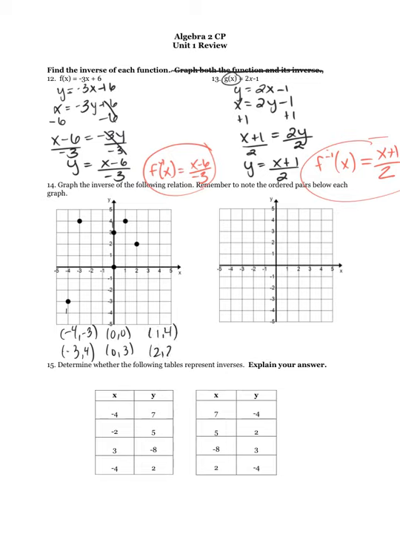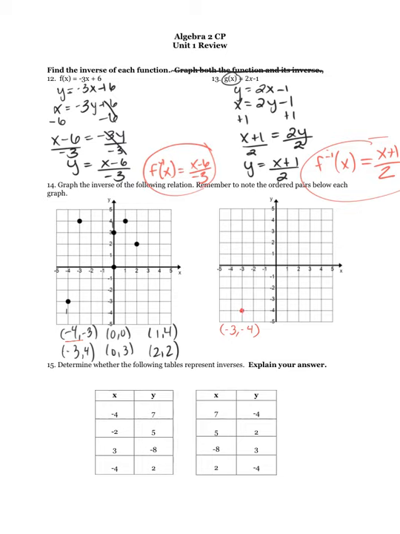And 2, 2. Now remember, to find ordered pairs for our new one, we want to find the inverse. All you're doing is switching your x and your y values. So my first one, let's do it in a different color: -3, -4. If you want to go ahead and graph, you can.